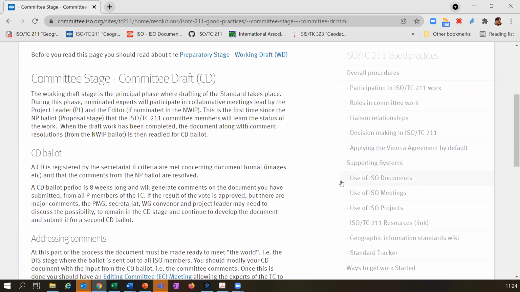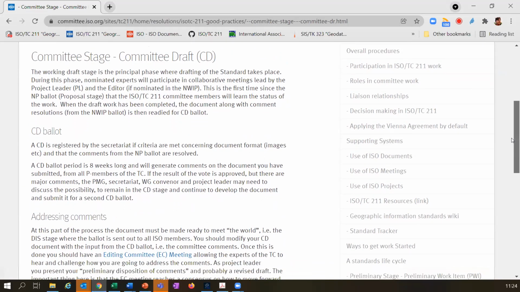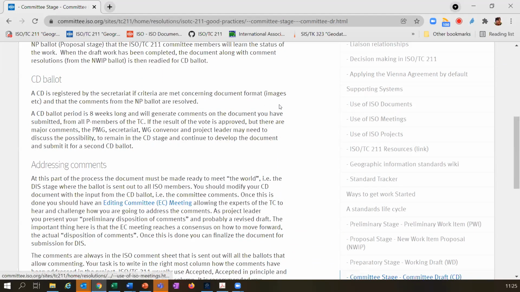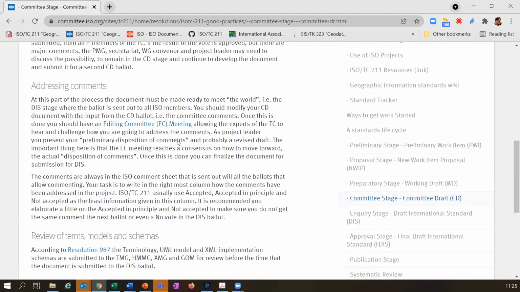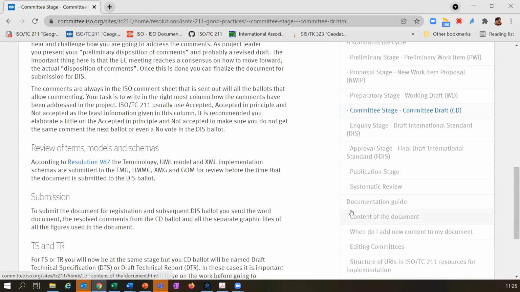So we're explaining a little bit of the part that we are in, the ballot that is coming, how we should or should not address comments, things like the extra resolutions that we have taken, that we need to verify the harmonized model, the XML schemas, the terminologies before we go for a DIS ballot and so on.